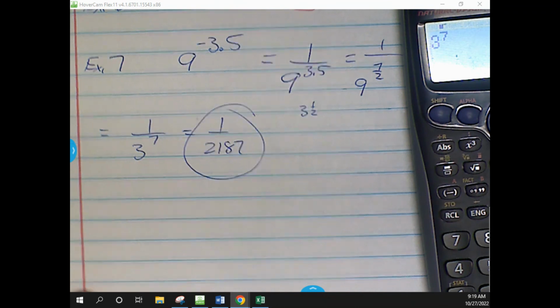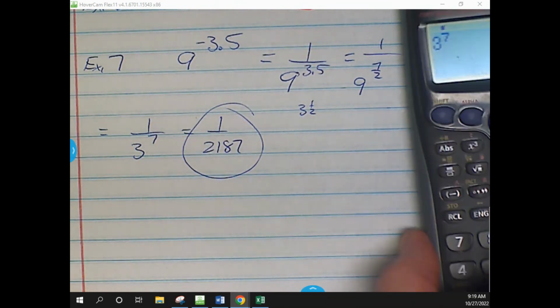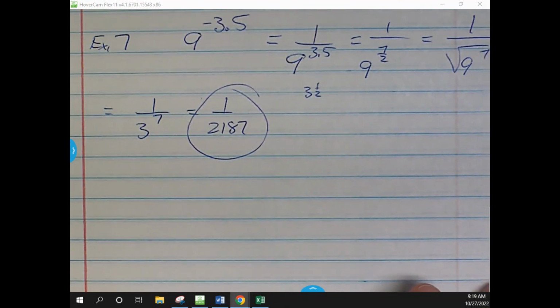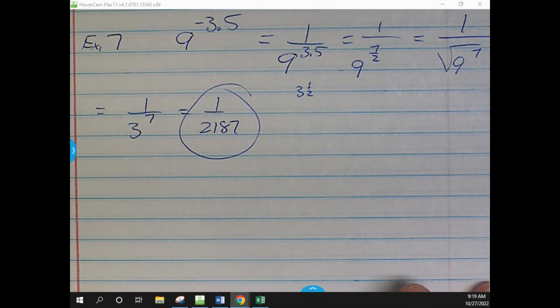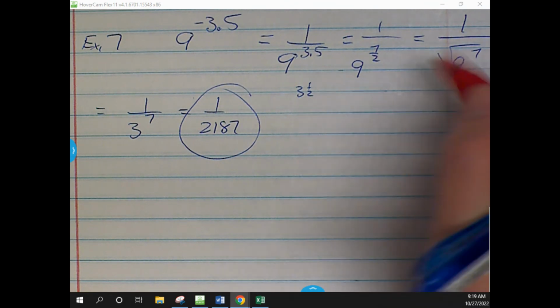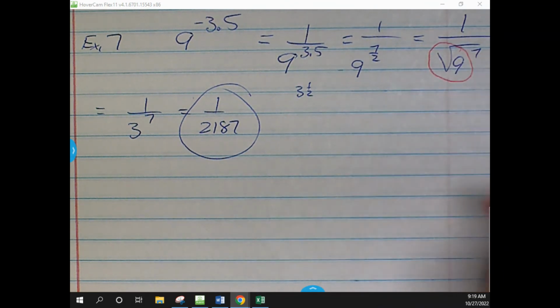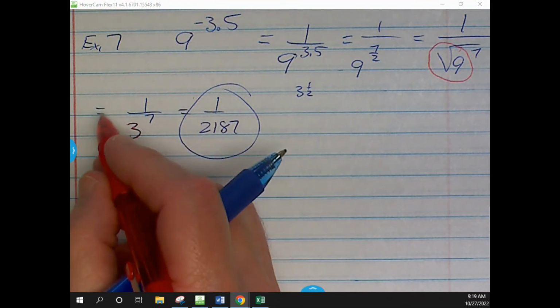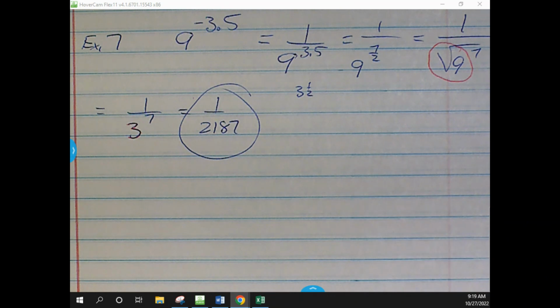There we go. And again, you're almost always going to do the radical part of it first to get a smaller number. And then once you've got a smaller number, you can do the exponents and make it get bigger.